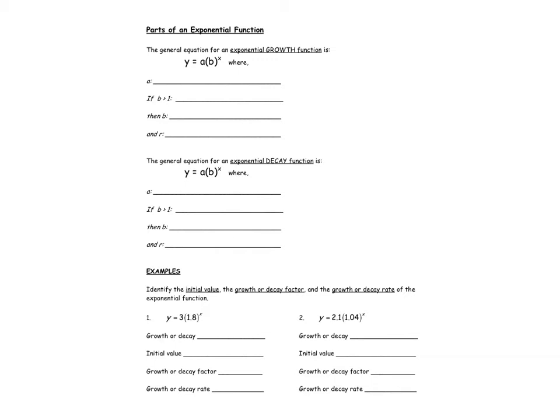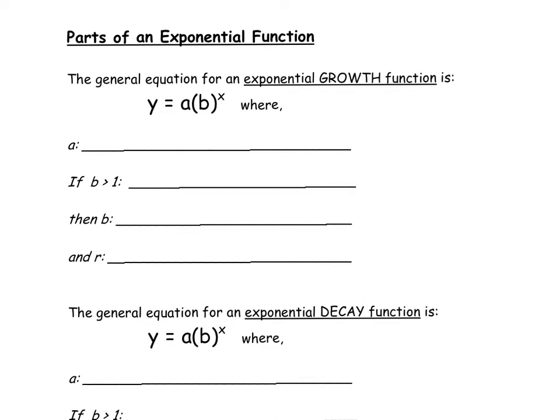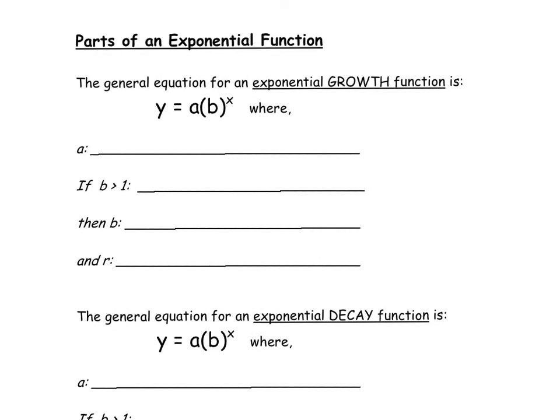Okay. All right, so when we're looking at an exponential function, we said that the form is y equals a times b to the x. And c is after that.